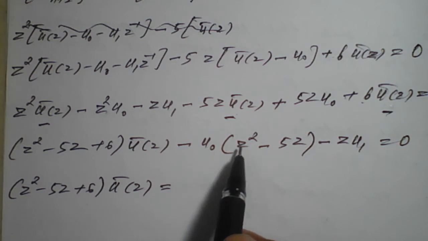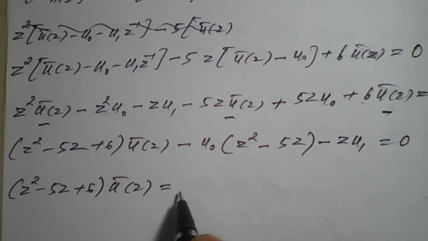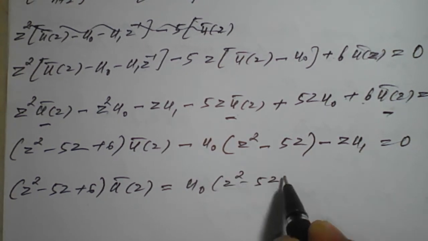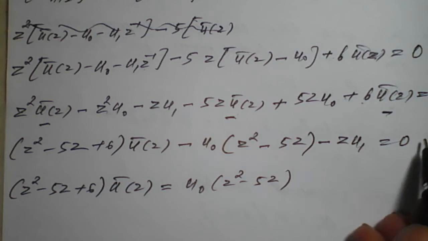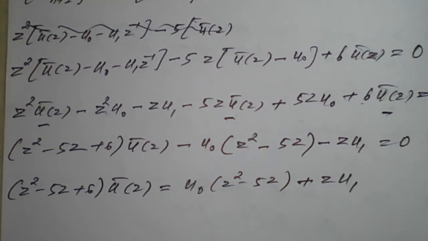Minus u naught into z square minus 5z, if you shift it to the right hand side, it will become u naught into z square minus 5z, and minus z u1 will become plus z into u1.